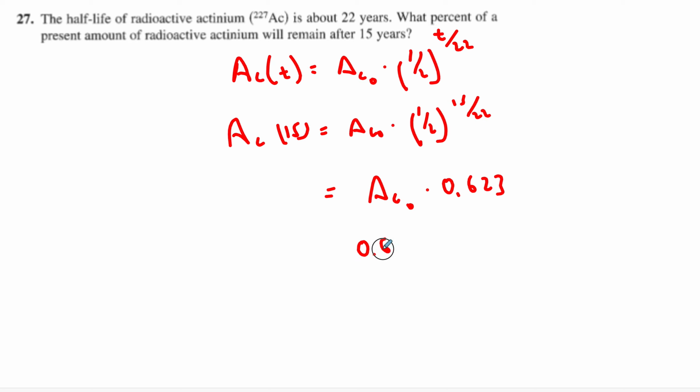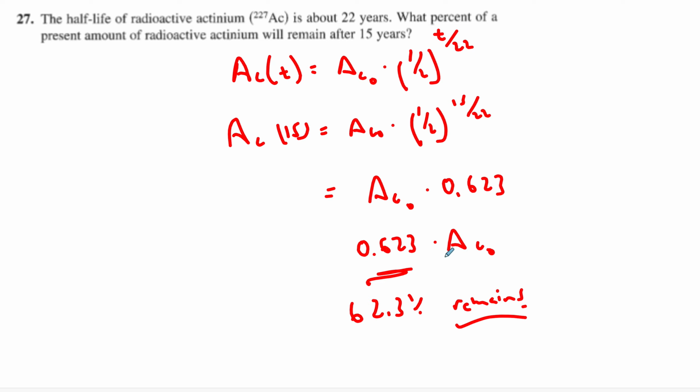So 0.623 of the initial amount of actinium. In other words, this, what we're multiplying by, represents how much we have left, aka 62.3% remains. So this multiple ends up being the amount that remains.